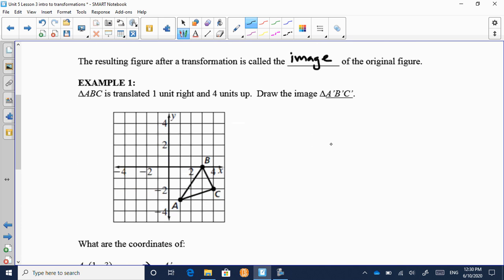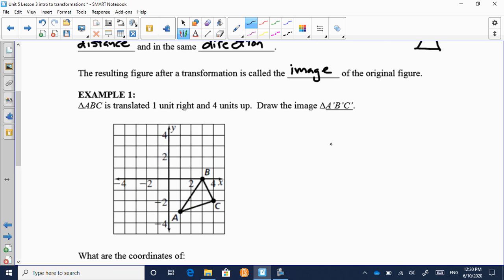Okay. So let's look at this, and we're going to do it again. I know this unit is all about quadratics and parabolas, but for now we're going to play with some other shapes. So we're going to do some transformations with other shapes. And so it says here, triangle ABC is translated 1 unit right and 4 units up. Draw the image. Okay, so every point is going to be moved 1 unit to the right and 4 units up.